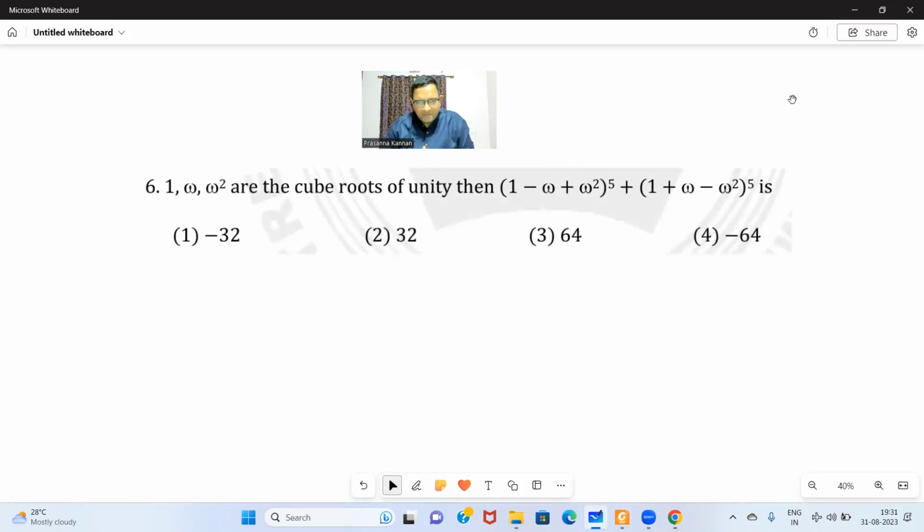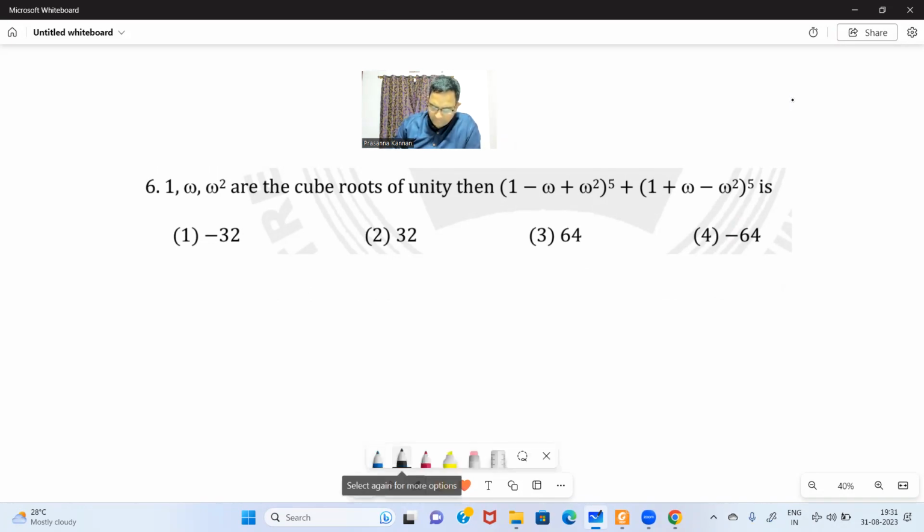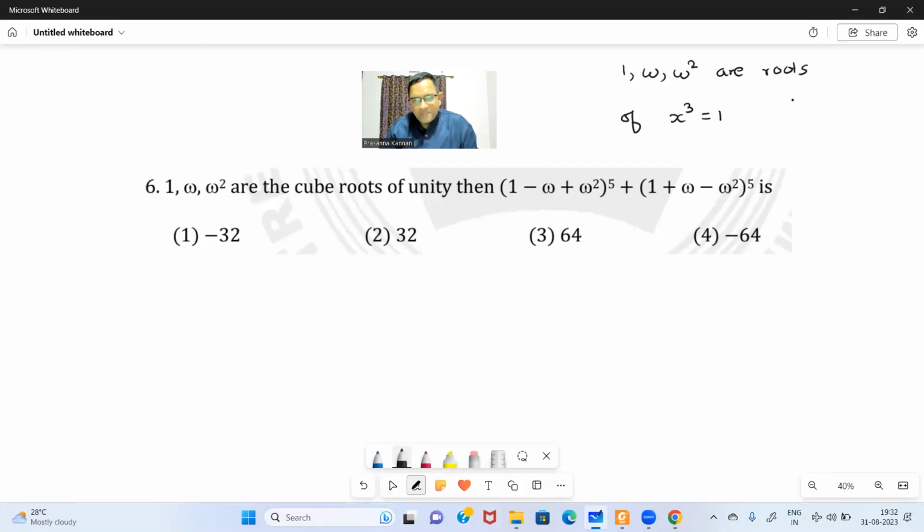Okay, students. So I have discussed cube roots of unity, right? What do you understand? What are the results? You remember? 1, omega, omega square are the cube roots of unity, which means they are the roots of the equation x cube is equal to 1, correct?